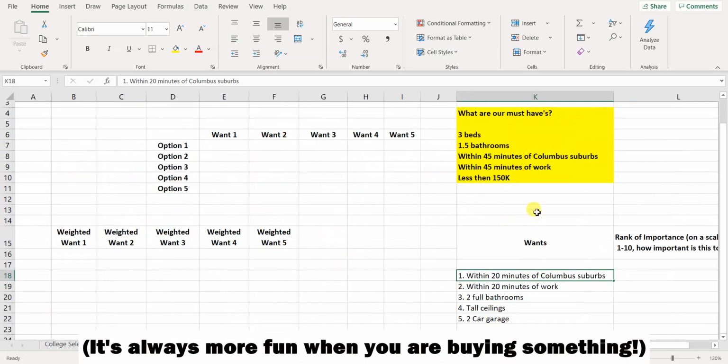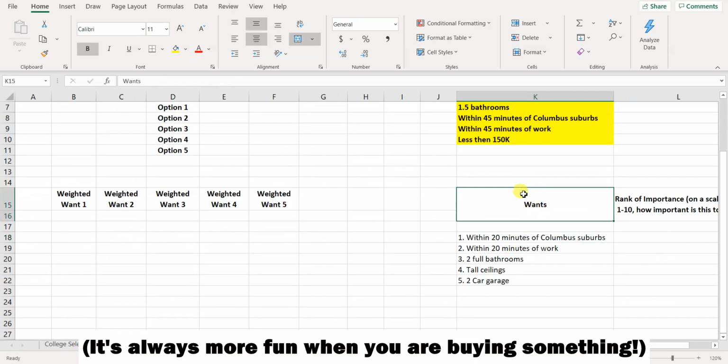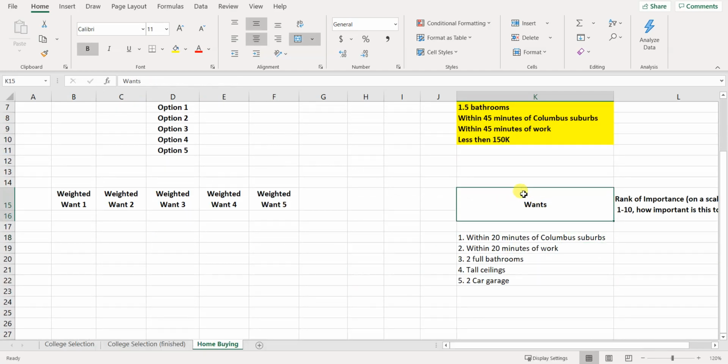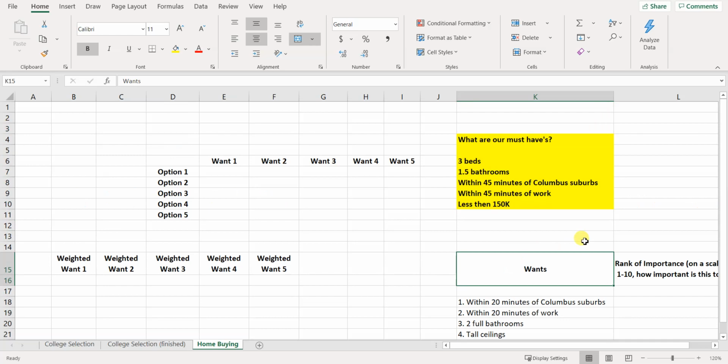And again, talking about buying your first home, it always is a little bit exciting. But yeah, if you're not an analytical person, I would still say at least give this a shot the next time you have a decision with lots of options to choose from.